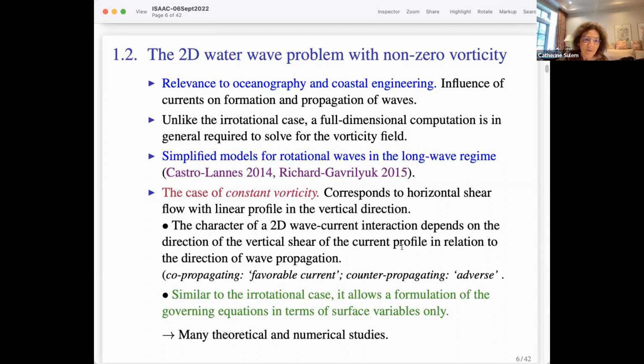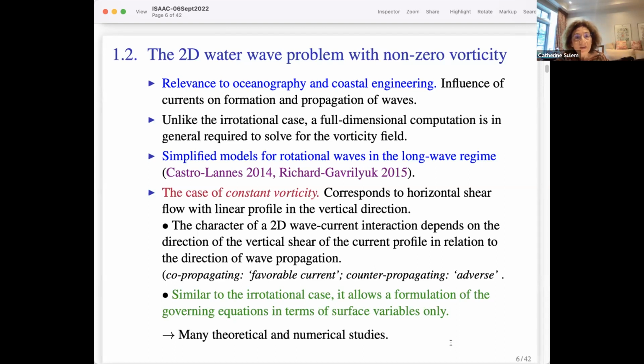While a favorable current, in the direction of the propagation of the wave, will, on the contrary, increase the wavelength and flatten the wave. And so that's a very important distinction between these two situations, and several works have been done in both situations that I will quote a few of.